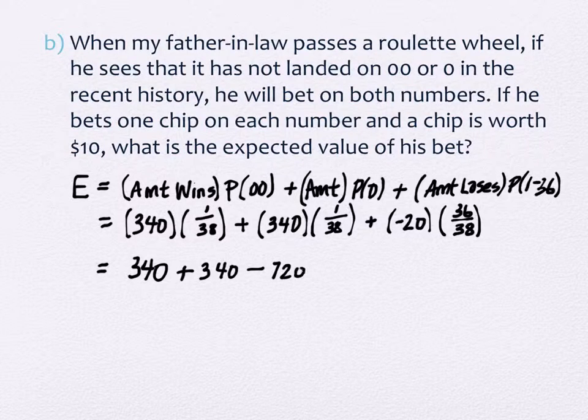So this is negative 720, and it's all over 38. Okay, so this keeps our calculator from rounding something funny. So what's 340 plus 340 minus 720? Negative 40. And go ahead and divide that now by 38.